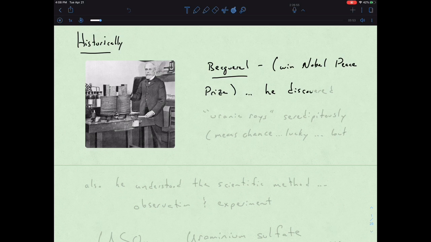But as far as nuclear chemistry goes, he discovered uranic rays, basically serendipitously. And that means really by chance. He was lucky.